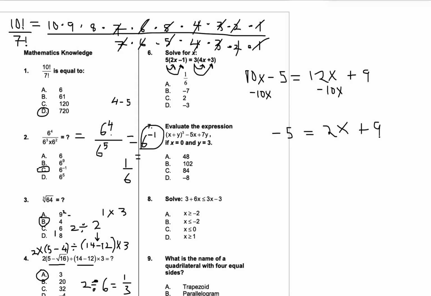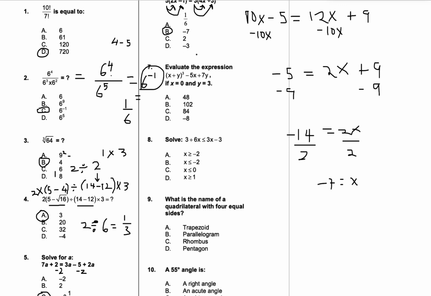But we want to solve for x, and so we need to get rid of the 9 on the right side. So we do the same for this side as well, and we get negative 14 is equal to 2x. Right? And then solving for x, we divide both sides of the equation by 2, and we get x is equal to negative 7. So number 6 should be B.